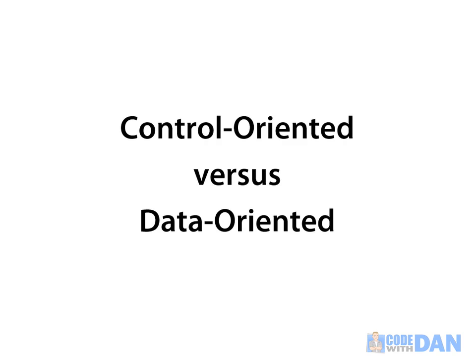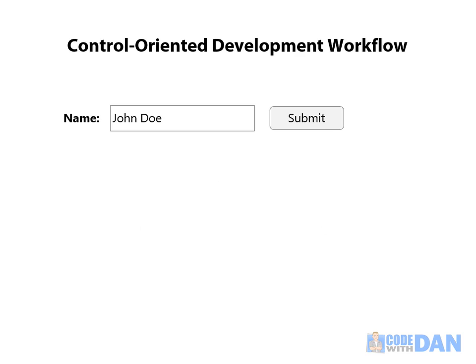Now, the difference here is that instead of writing all that code to push values in and pull them out of controls and having to put IDs on controls and things like that, with data-oriented programming, I leverage a framework, whether it's Knockout, AngularJS, or others. Now, let's walk through a workflow then of control-oriented, and then we'll also compare and contrast that with data-oriented development.